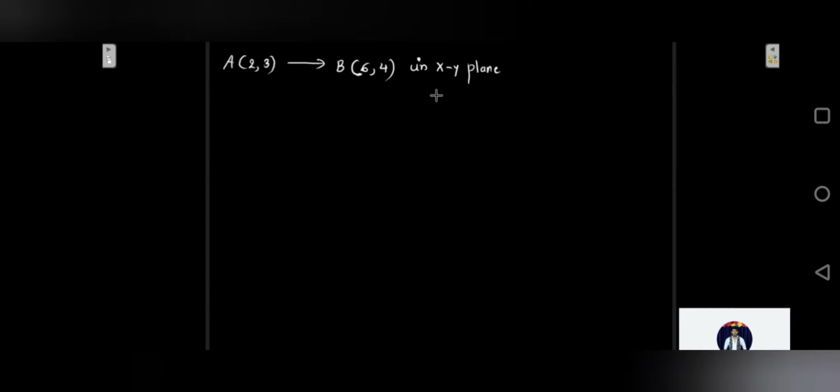Repeat the question. A particle moves from a point A (2, 3) to point B (6, 4) in the xy plane in the time interval of 2 seconds. Find the displacement vector of the particle in the given interval.